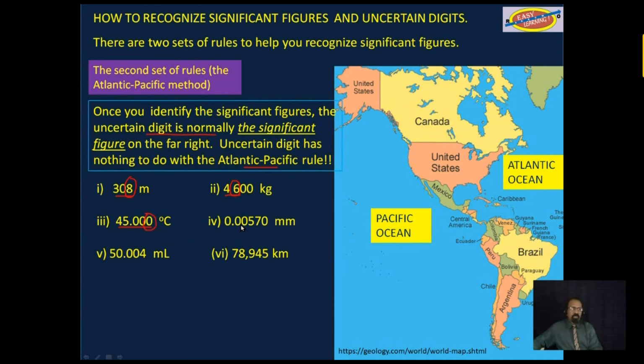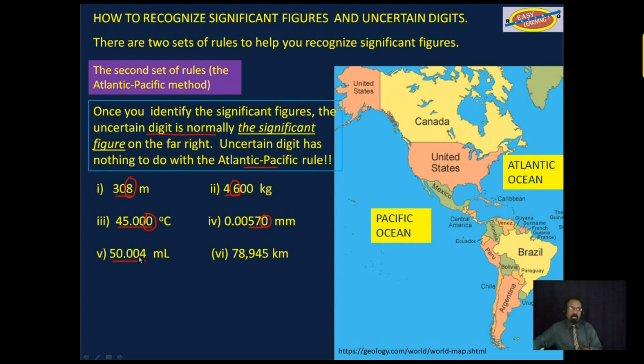And the number 0.00570, those zeros on the left of 5 are not counted as significant. So those are our significant figures, and this is our uncertain digit. And this number down here, 50.004 milliliters. Now, whatever rule you are using, you will still come up with 5 significant figures.